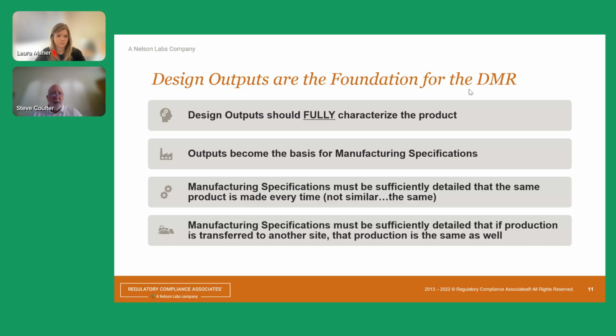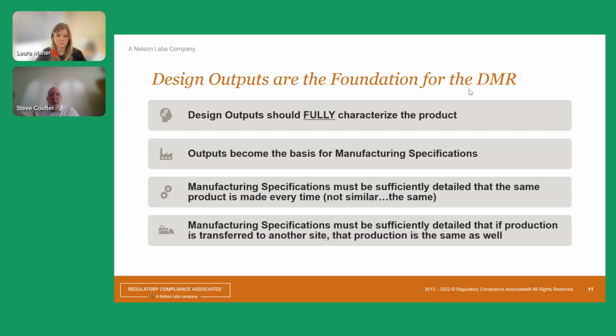Each one of the phases, inputs, design, outputs, feeds the next one. So our design phase gives us the final product where we pull the design outputs from them. So our finished design, we get our characterization, and it is a full characterization. Those are the outputs from my design process.